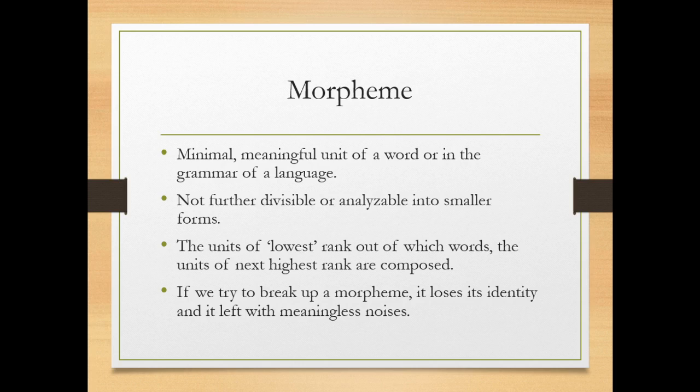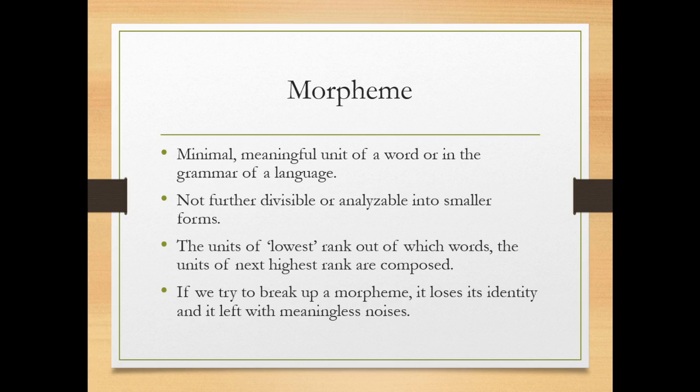For example, go is a single morpheme, single word. Going is the combination of two morphemes, go plus ing. So, morpheme is a meaningful unit or a grammatical function. Go is the meaningful unit and ing is the grammatical function. Both are morphemes. These morphemes cannot be divided further.